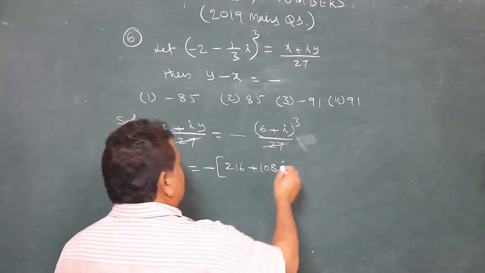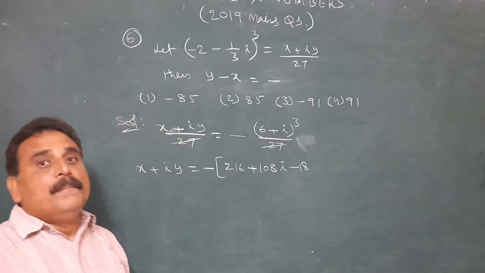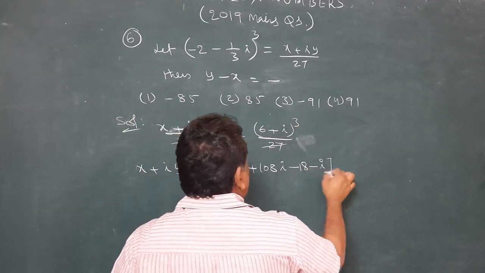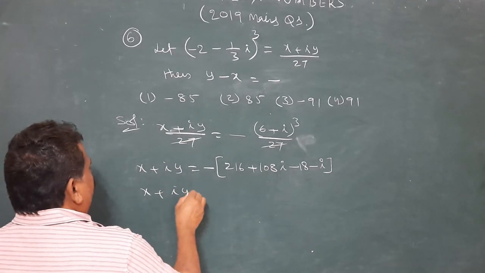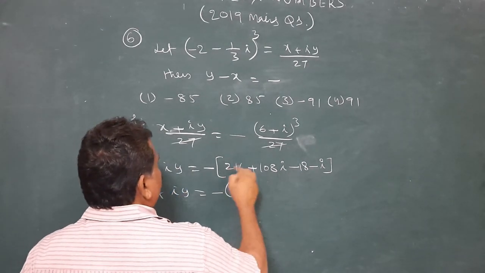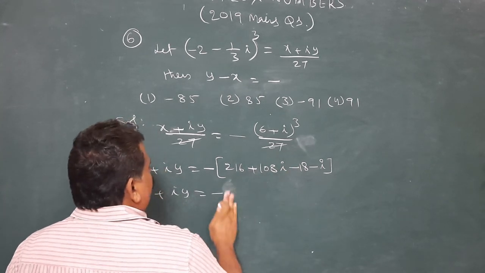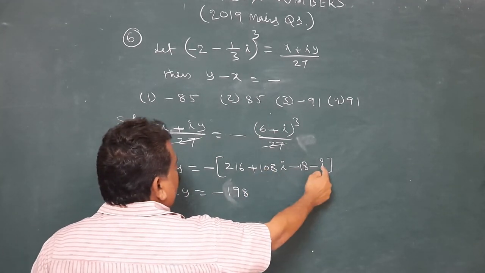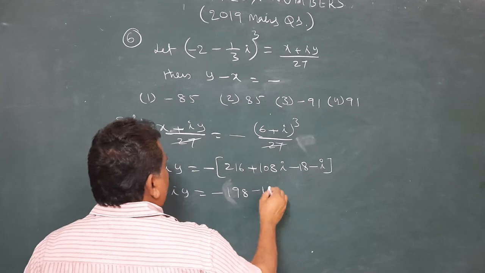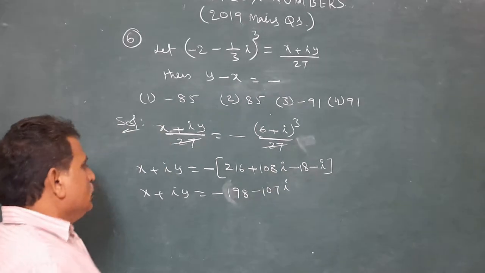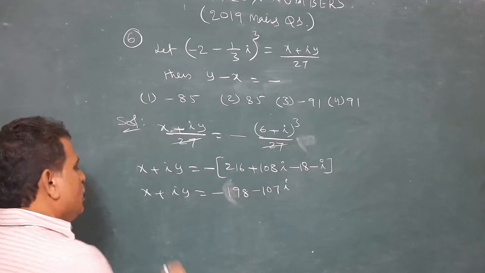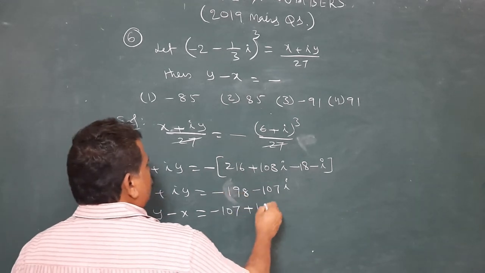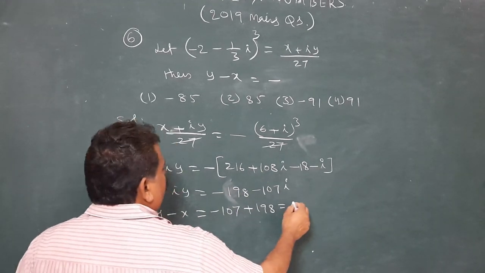So that we get minus 18. Now the b cube term, the last term, I cube, that is minus I. So x plus iy equal to minus of 216 minus 18, that is 198, minus 198. Look here, 108 minus 1, that is 107, minus is there, minus 107 I. Now here y is this and x is this. Y minus x, that is minus 107, minus of minus this much, plus 198, that is 91.